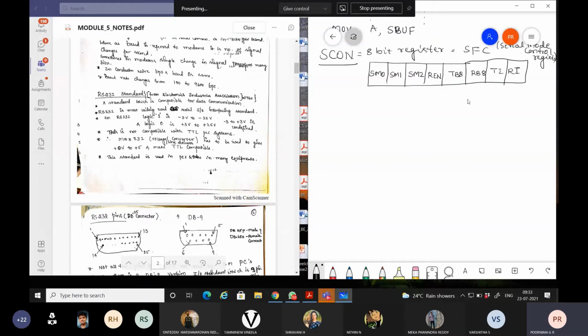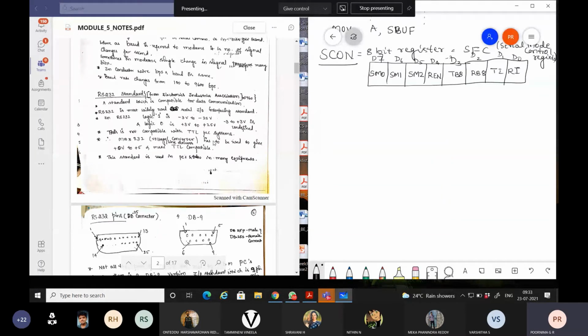Now let us see what it represents. SM0, SM1, SM2: this is the D7 bit, and this will be the D0 bit, D1, D2, etc. This is D7 and this is D6, D5, D4, D3. These are the bits we have.